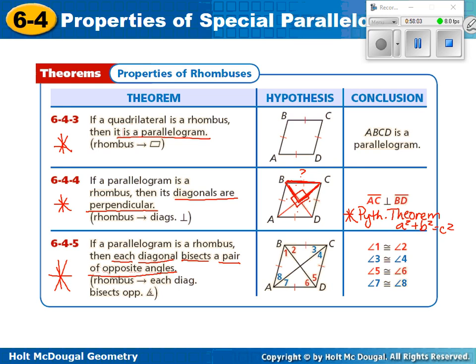But since the opposite angles were congruent to start with, it's going to split it into 4 congruent pieces. Does that make sense? So again, on your picture on your notes, these 2 are going to be congruent to these 2. So all 4 of those will be congruent. And then these blue ones will all be congruent.